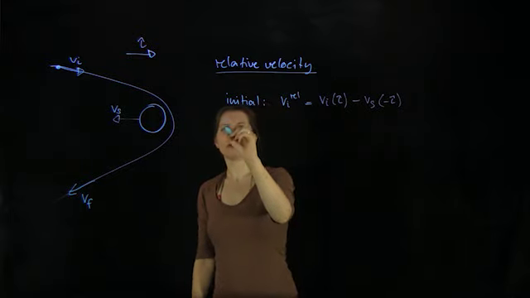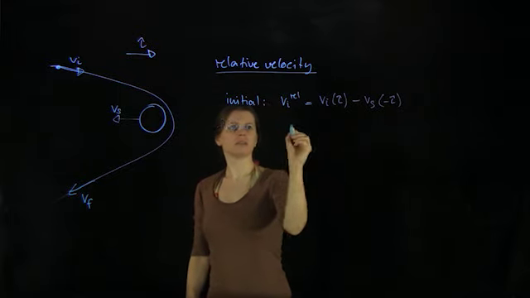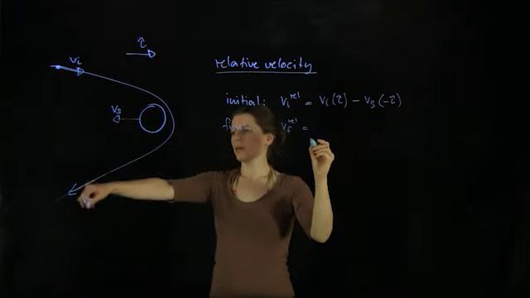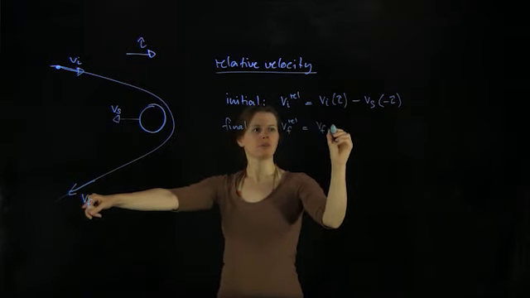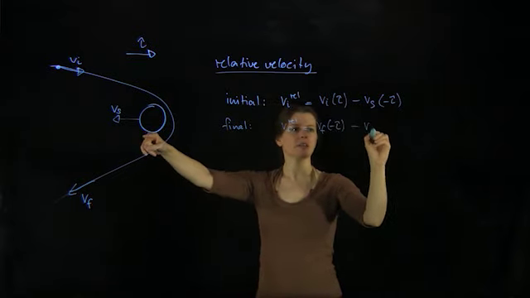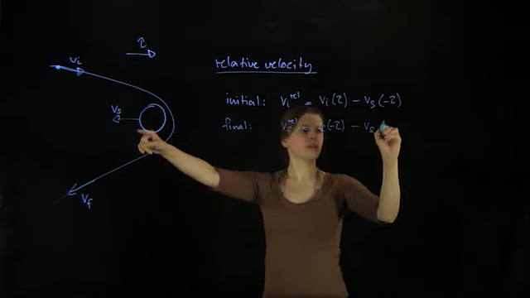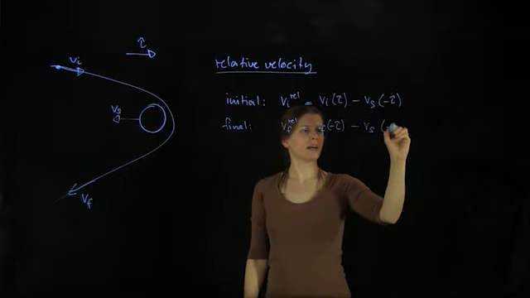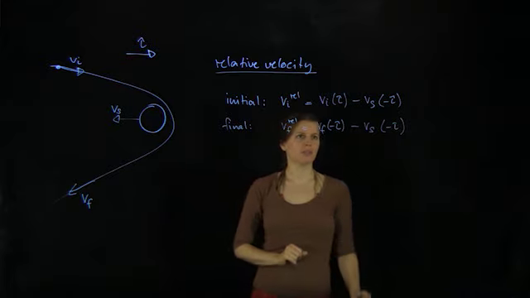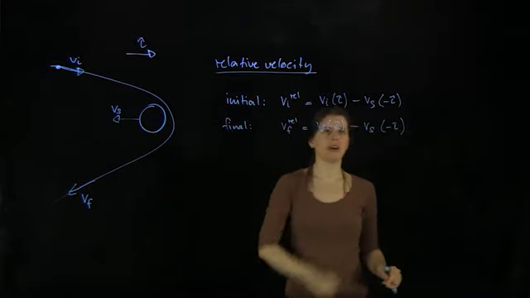And then we have the final state, so v final relative, and here we have the final velocity of the spacecraft now going in the minus i-hat direction, minus the velocity of Saturn that also goes in the minus i-hat direction. Now there's one thing that we need to consider, which is this velocity of Saturn.